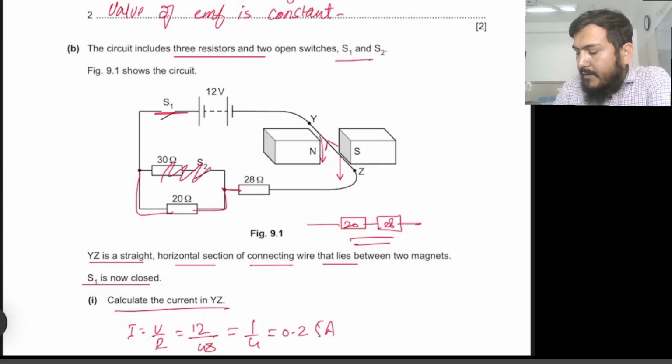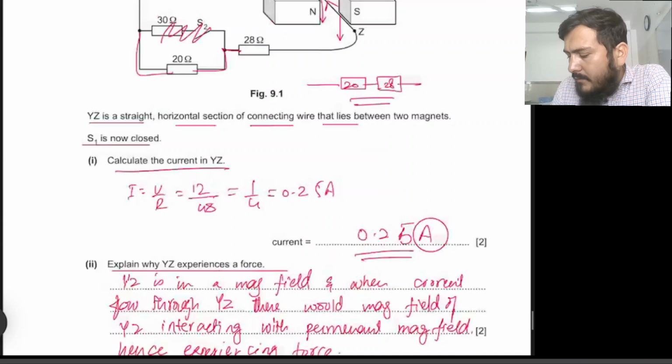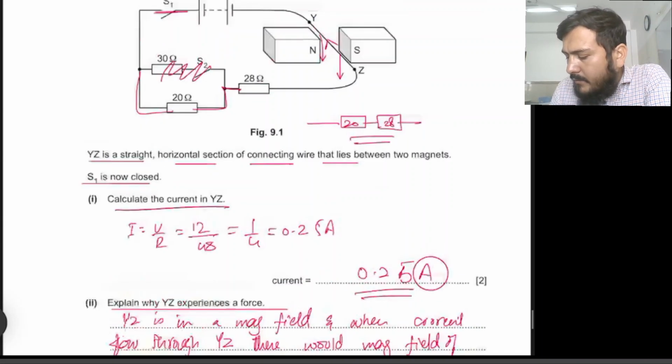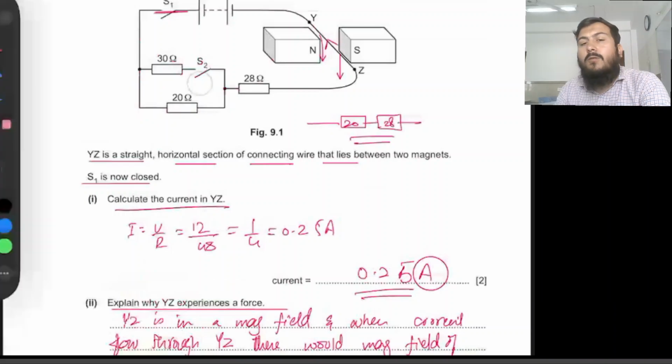So the circuit would be something like this: 30, 20 and 28. Alright, 30, 20 and 28. That's done. It might be taking some time to load on the screen.